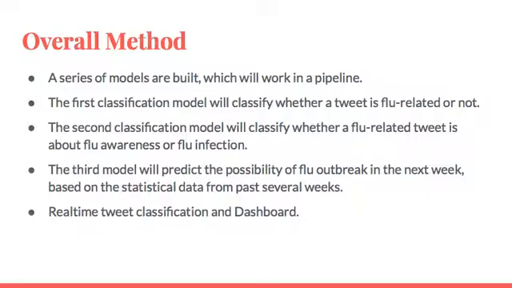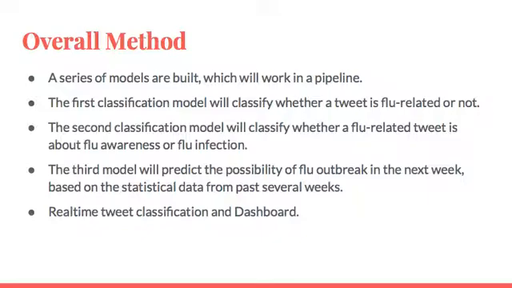For the method, we use a series of models that work in a pipeline. First, we use a classification model to classify whether a tweet is flu related or not. A second classification model classifies whether a flu-related tweet is about flu awareness or flu infection.